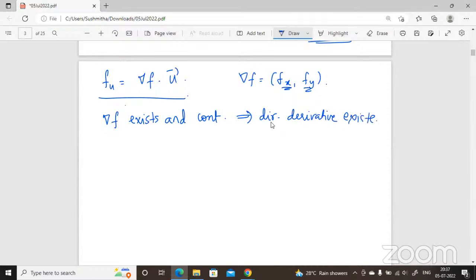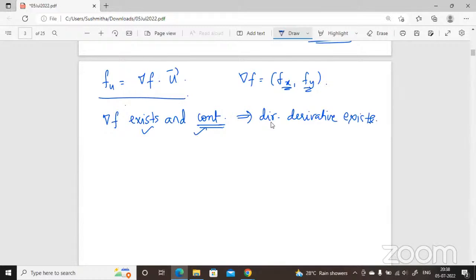What the example that sir had given was where del f exists but it is not continuous, so the directional derivative does not exist. So both these conditions are necessary. You cannot leave out one of them. Just existence is not enough.